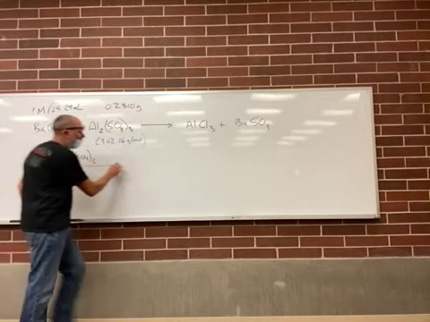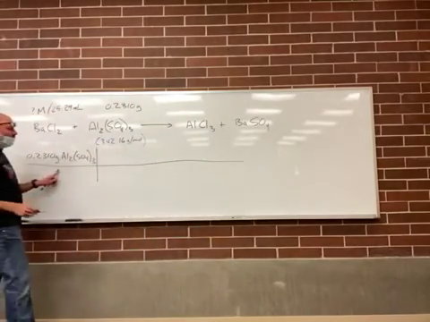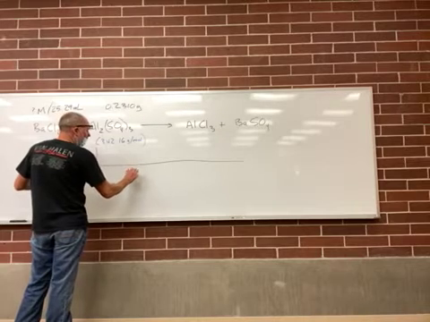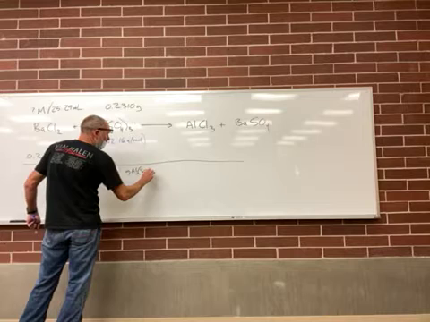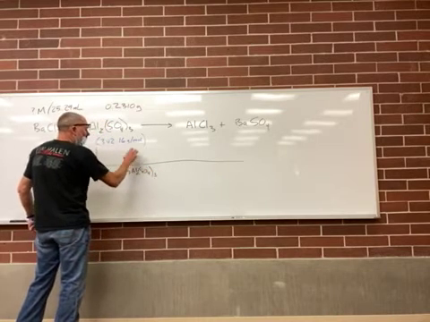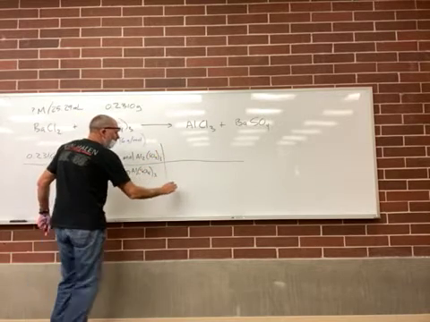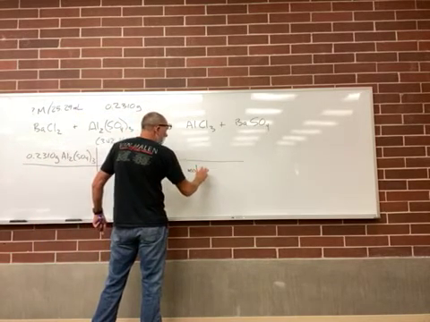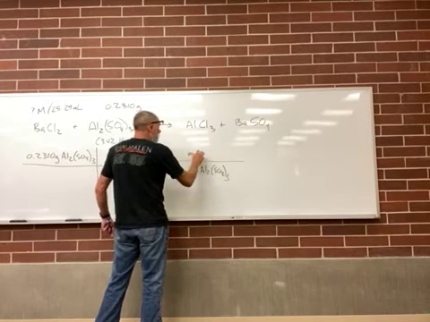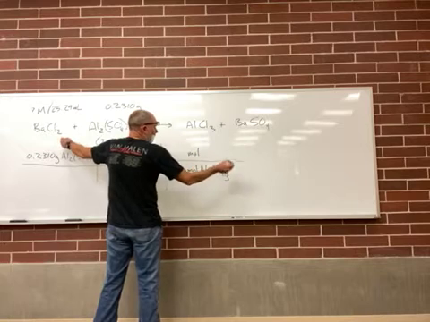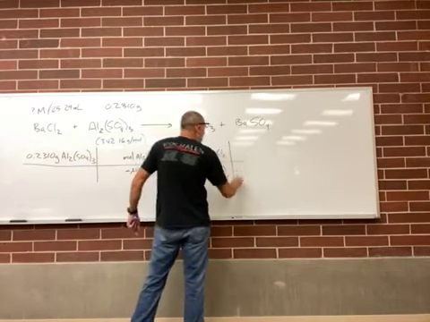Which tells me I'm going to have to go through moles, so I'm going to go grams of aluminum sulfate, moles of aluminum sulfate, moles of whatever my reactant is, in this case it's barium chloride. Okay, boom.